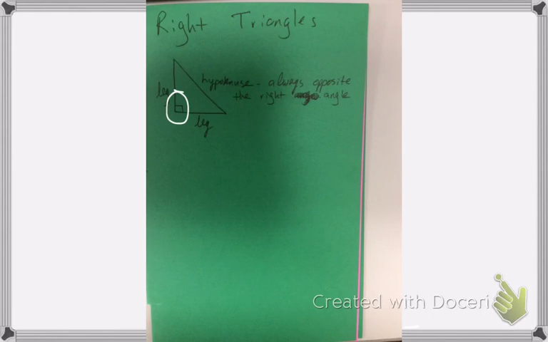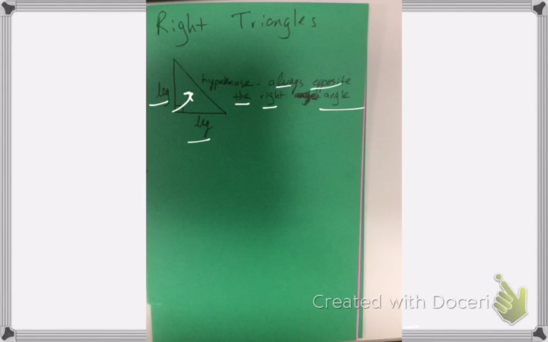Okay? So once we know we have a right triangle, then we have to remember that the sides of a right triangle have specific names. The two sides surrounding the right angle are called legs. And then the side opposite the right angle has that weird name. It's the hypotenuse, right? The hypotenuse is always opposite the right angle.